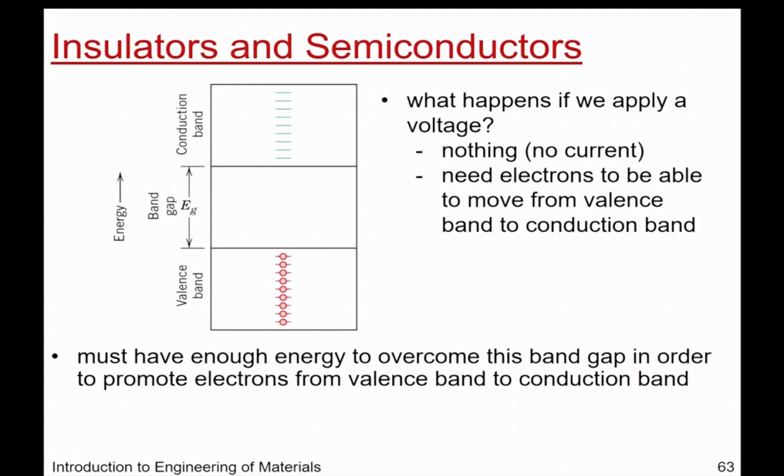Thermal vibrations, kT, you can just have enough energy at room temperature for electrons to be excited if your band gap is small enough. And with silicon and germanium, their band gaps are, well, silicon's about 1 eV, germanium is about 0.7 eV, and so thermally at room temperature, there's always some fraction of the population of electrons that will be thermally activated, thermally excited.